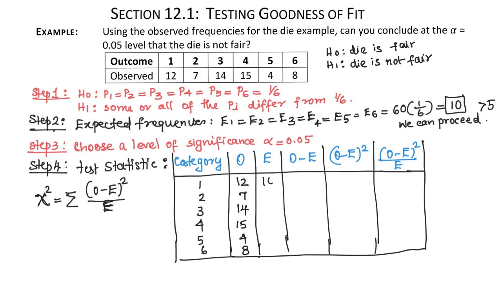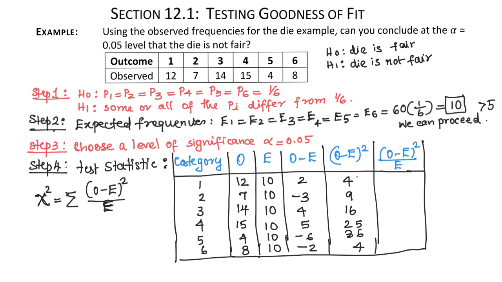And the expected frequency is 10 in each category. Then take the difference between them. So that is 12 minus 10, that is 2, negative 3, 4, 5, negative 6 and negative 2.